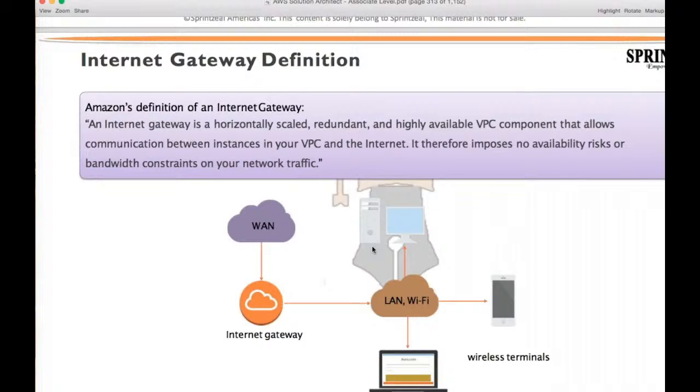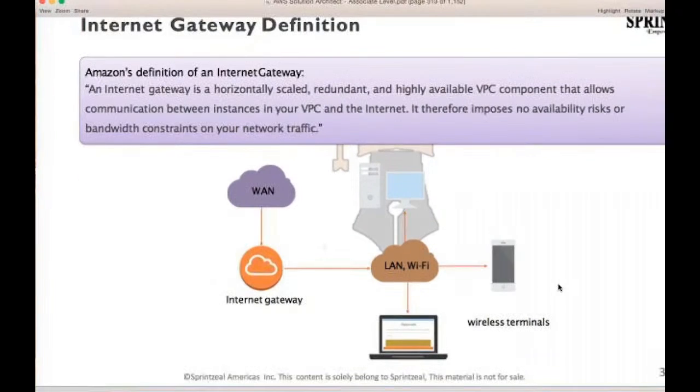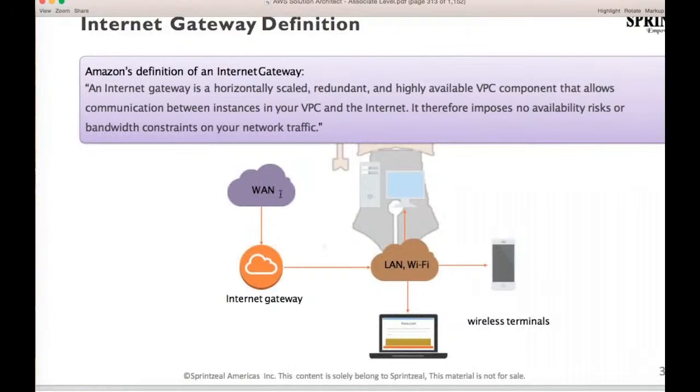So internet gateways, we know, if you have WAN and LAN information, the gateway is the one which will connect you to the LAN and get that information from your WAN, right? If you look at this typical workflow diagram, from your WAN you have the internet gateway, you have the LAN and Wi-Fi information that you are connecting to wireless terminals, and this is your application which was hosted.